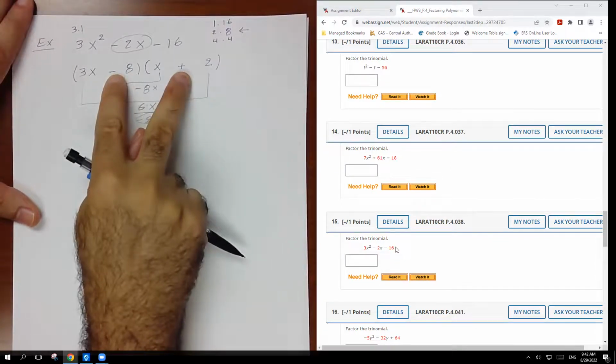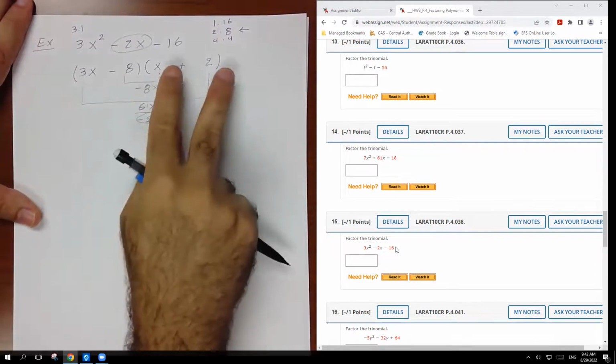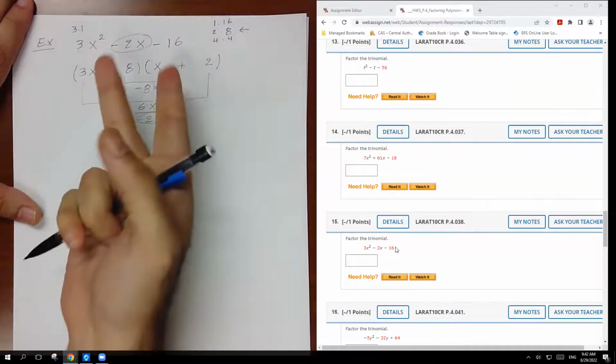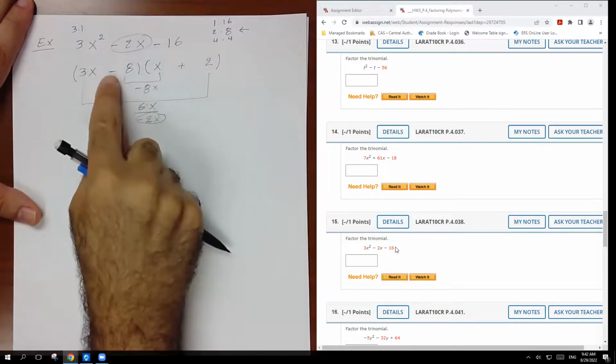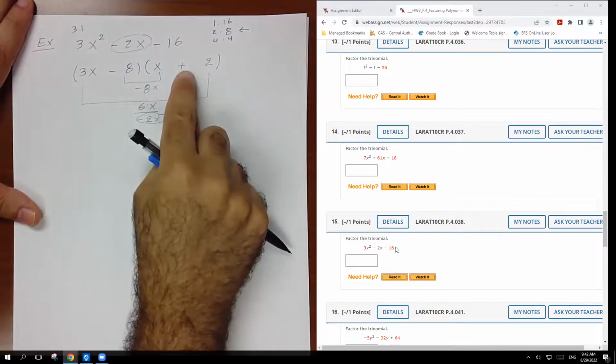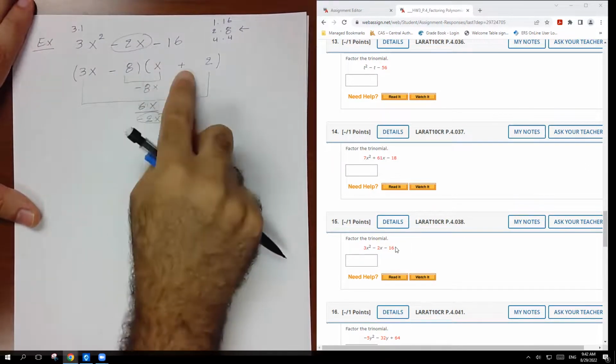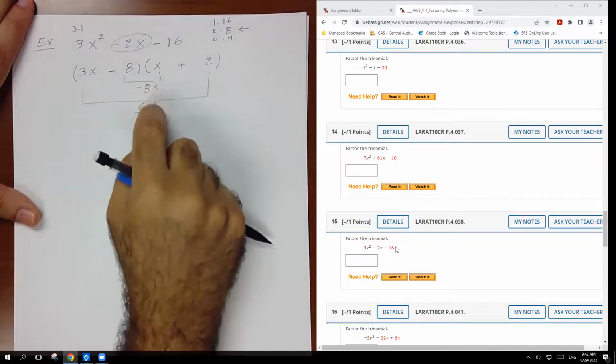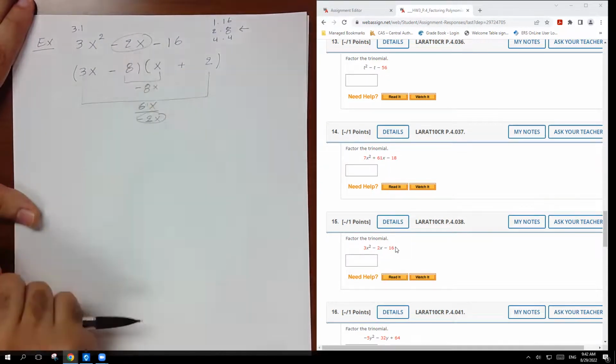If it works, I'm going to go ahead. This one is going to be the solution. If it's not working, I'm going to switch the sign. Sometimes you have to put negative here and negative here, positive here and positive here. It doesn't matter if you put negative or positive. When you add these two numbers to check your solution, you have to get the middle term.